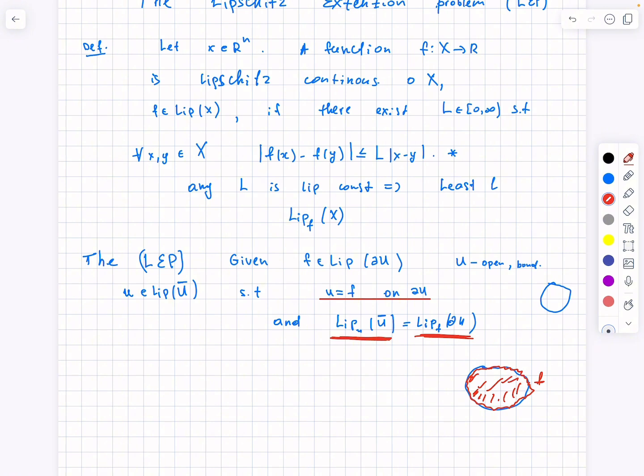It means when we increase our domain, now not only the boundary but the whole domain, our Lipschitz constant is still the same as on the boundary.